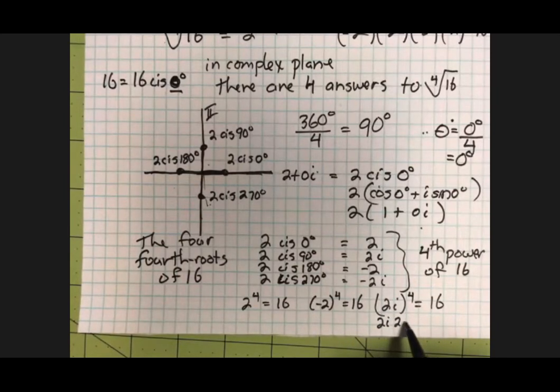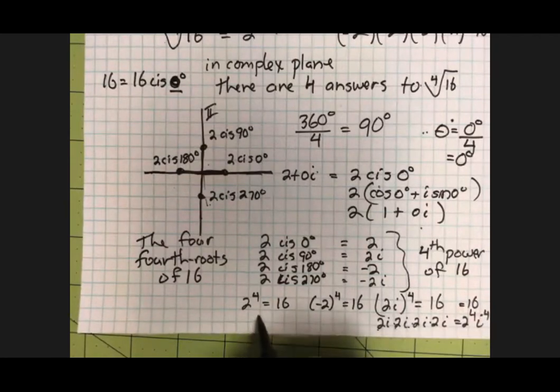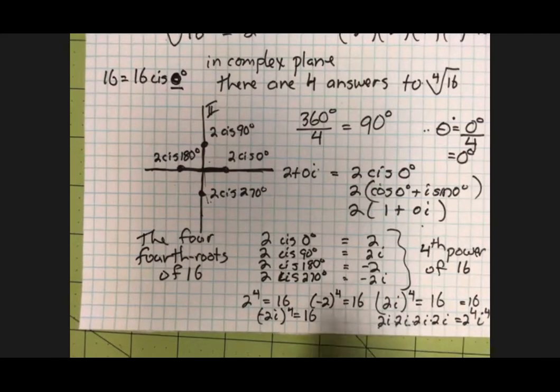If you multiply 2i 4 times, you get 2 times 2 times 2 times 2, 2 to the fourth, and you get i to the fourth. i squared is minus 1, so i to the fourth is minus 1 times minus 1, which is 1. So this is equal to 16. Minus 2i to the fourth is also equal to 16.